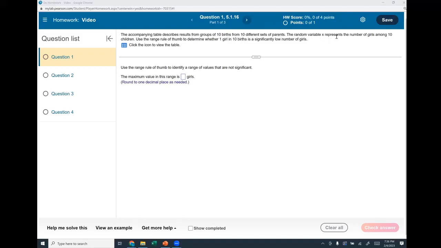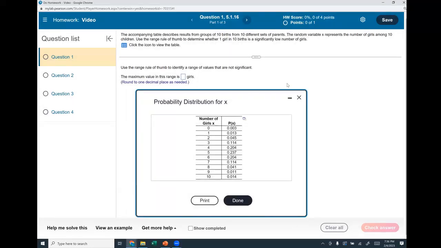The random variable X represents the number of girls among 10 children. Use the range rule of thumb to determine whether one girl in 10 births is a significantly low number of girls. Okay, let's do it.